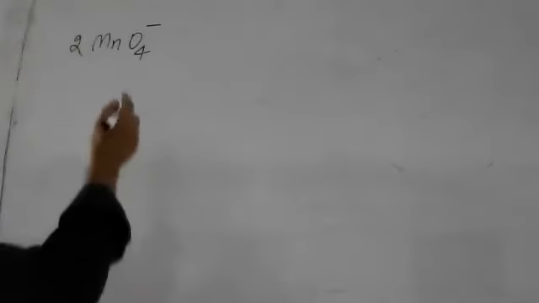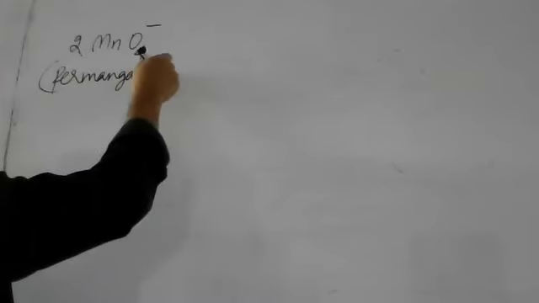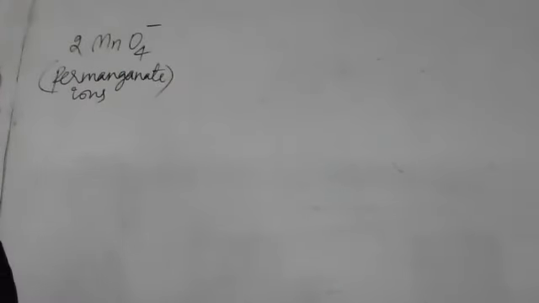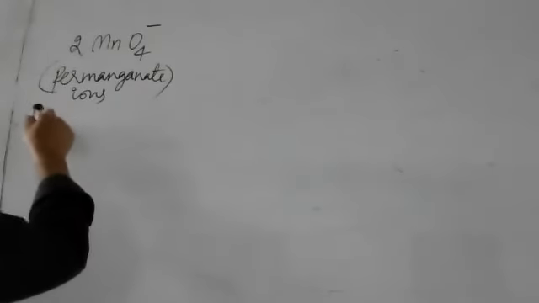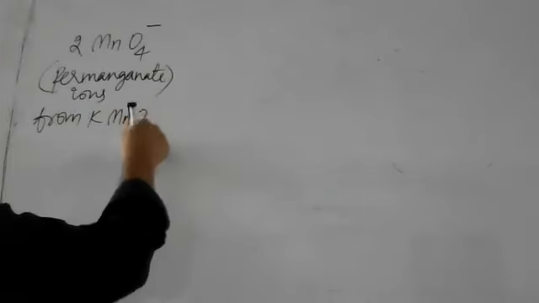Here 2 moles of MnO4 minus, permanganate ions. From which molecule have we taken them? From KMnO4.